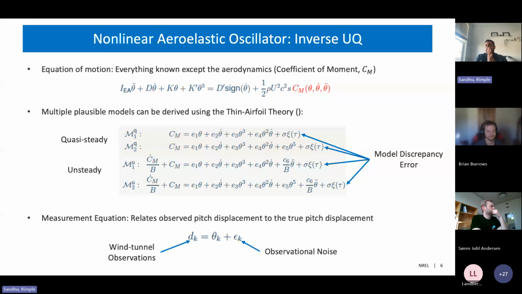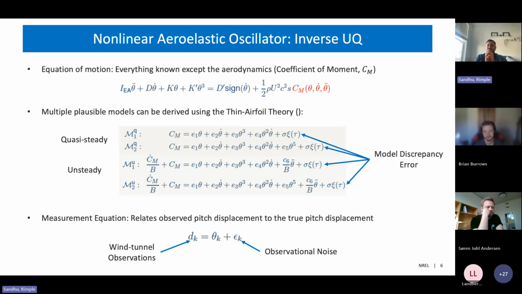So let's take a look at this. First, I have the equation of motion. This is a single degree of freedom system. Theta is the pitch. On the left-hand side of this equation is the structural part, which we already know. So we're assuming we already know the structural properties: damping, stiffness, and so forth. What we want to capture is the aerodynamics, which is the coefficient of moment on the right, shown in red.